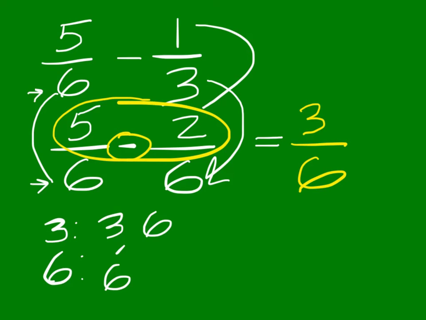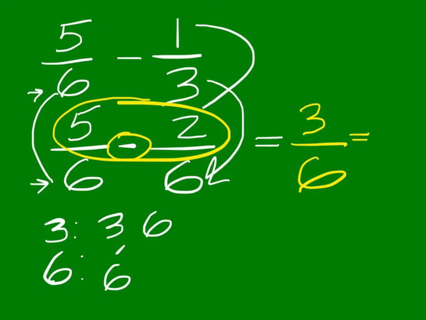Now, would 3 over 6 be my final answer? Why not? What can you do to it to make it simpler? Yes. 3 over 6 is unreduced.